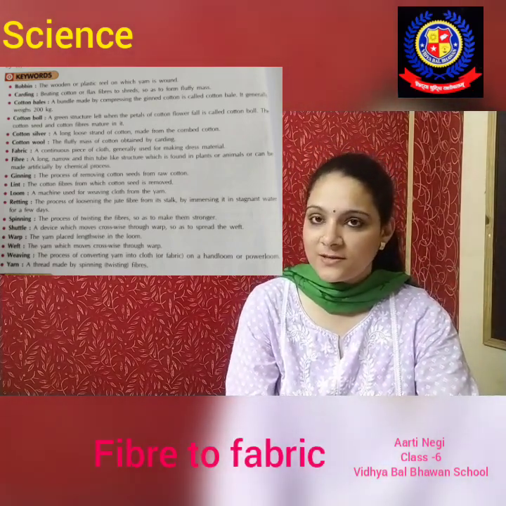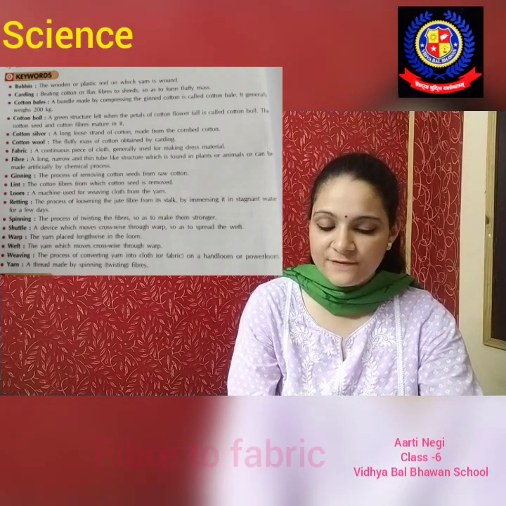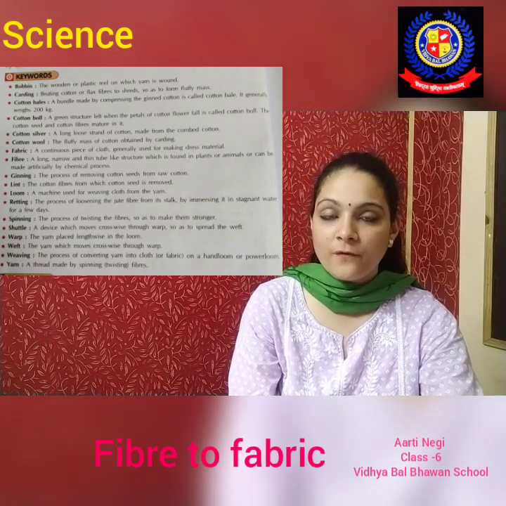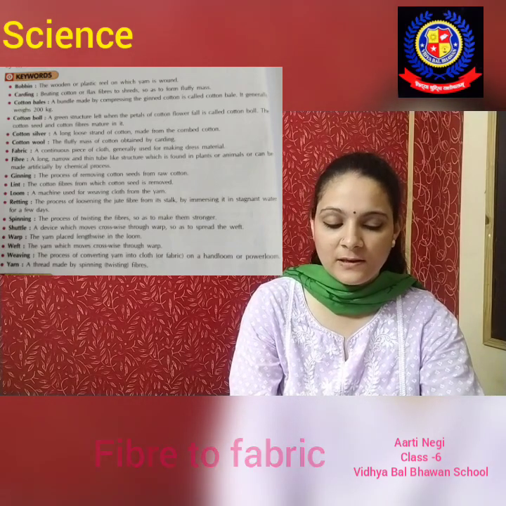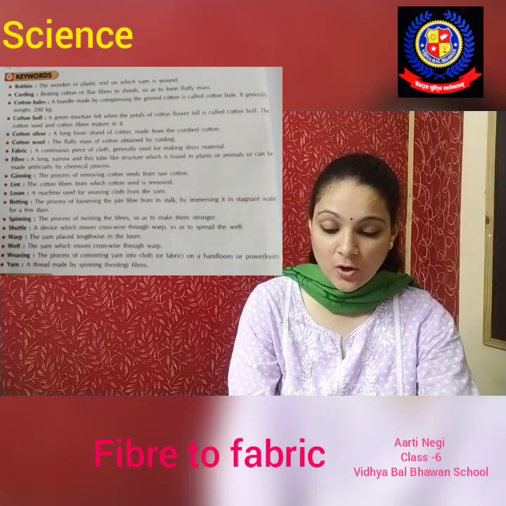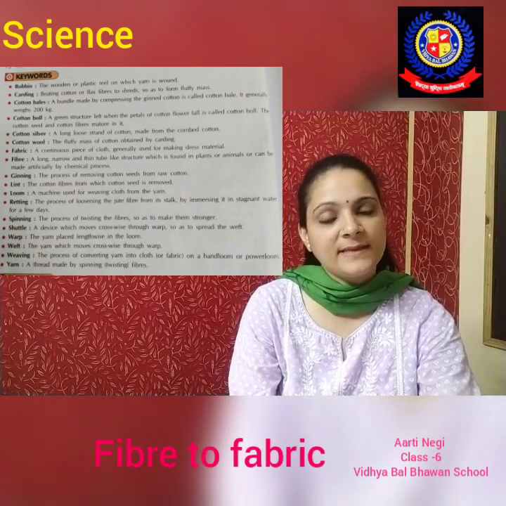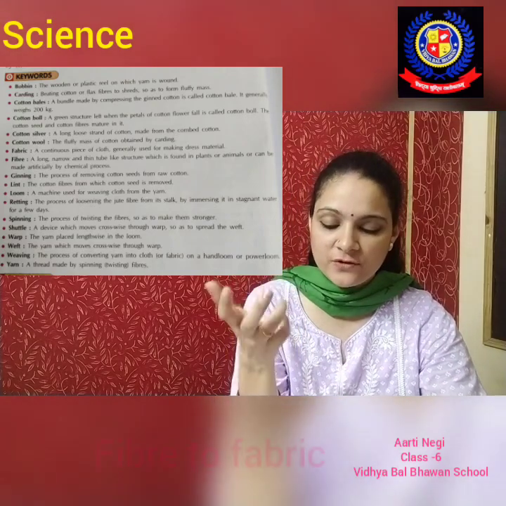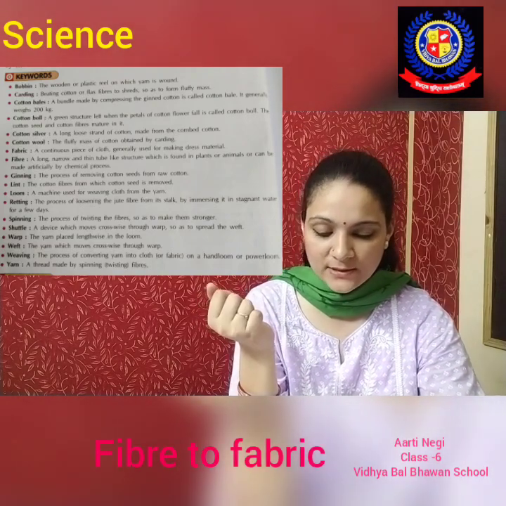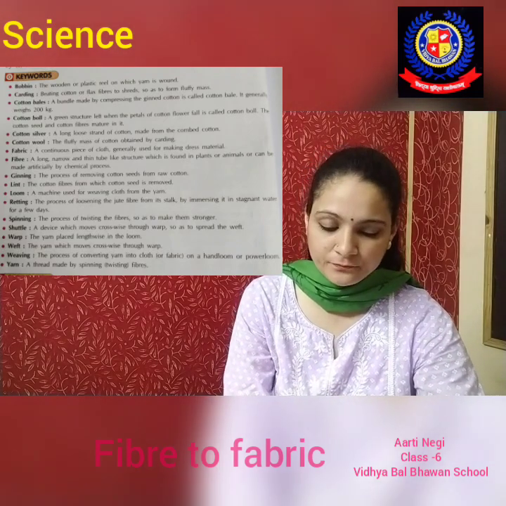Next one is cotton balls. Very easy. The green structure left when the petals of the cotton flower fall is called a cotton ball. The cotton seed and cotton fiber mature in it. The final product through which we get cotton is the cotton ball that exists on the plant.